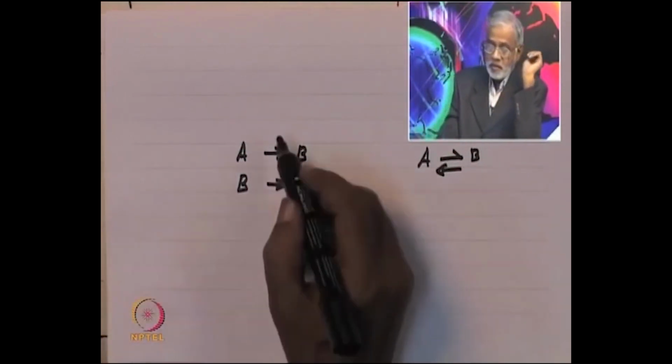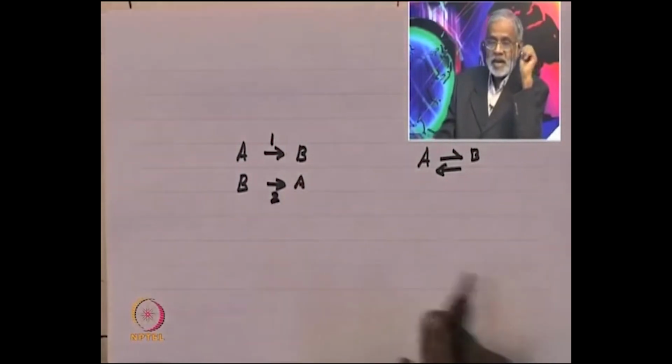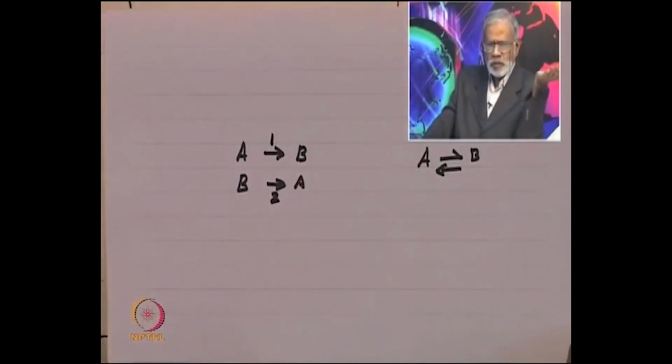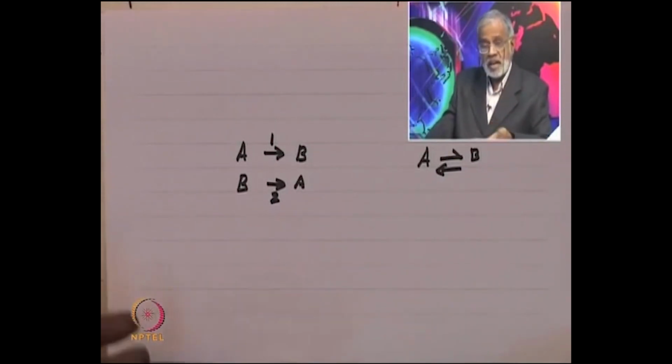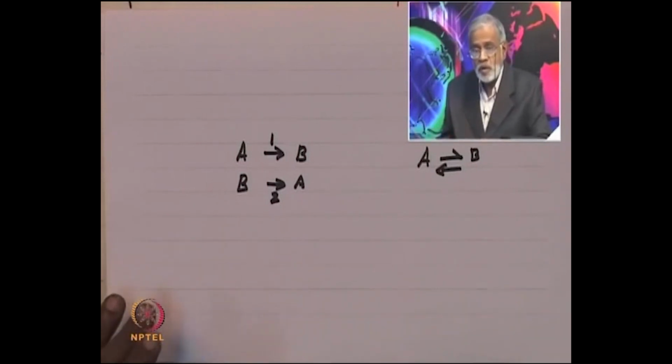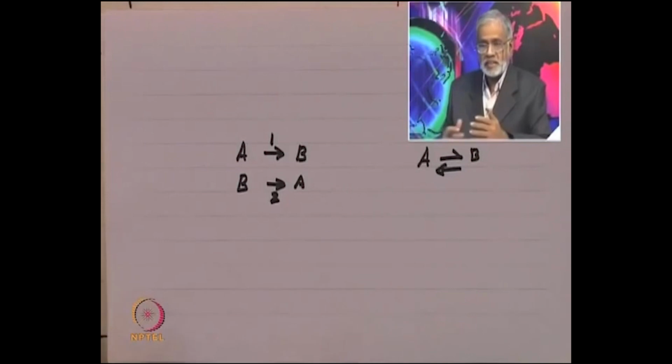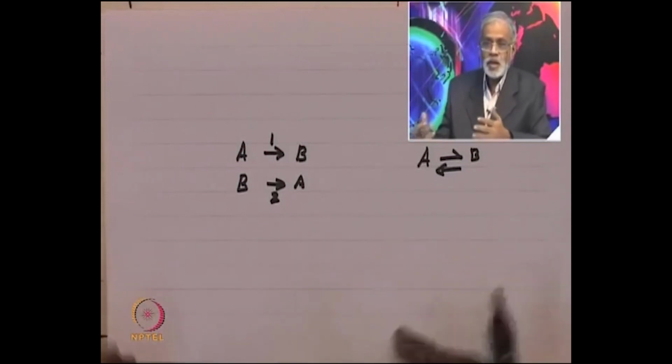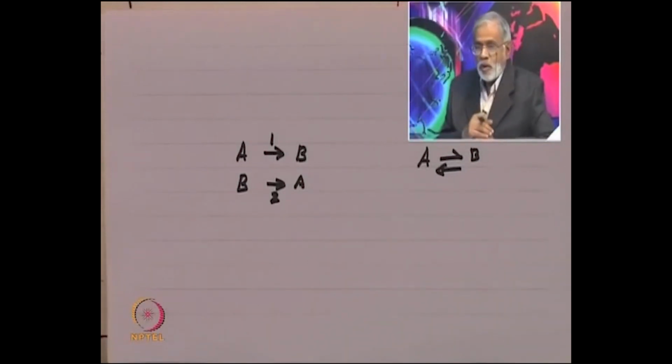So when we are conducting a reaction A going to B, in principle perhaps both the rate processes are occurring. What we see is that the reaction seems to go from A to B because one rate process is faster than the other. Therefore, the net reaction is going in one direction.